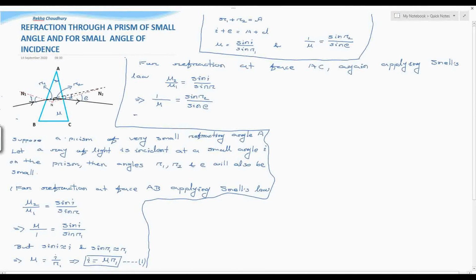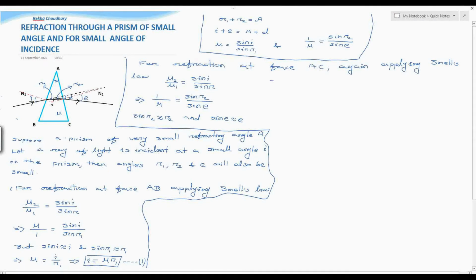Again sin R2 is nearly equal to R2 and sin E is equal to E. All this happens because the angles are very small.